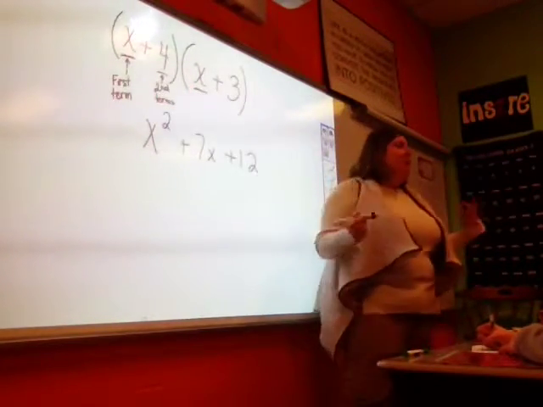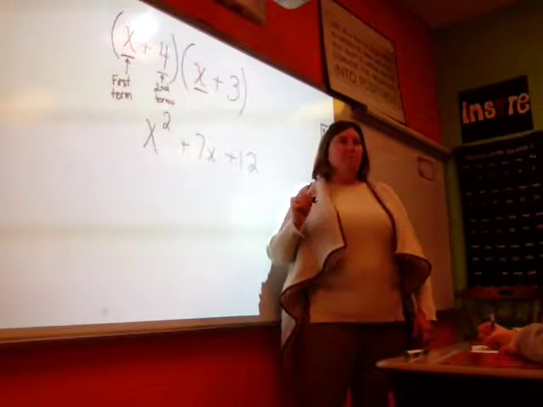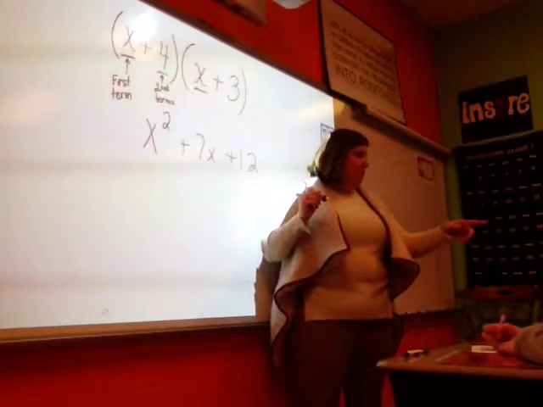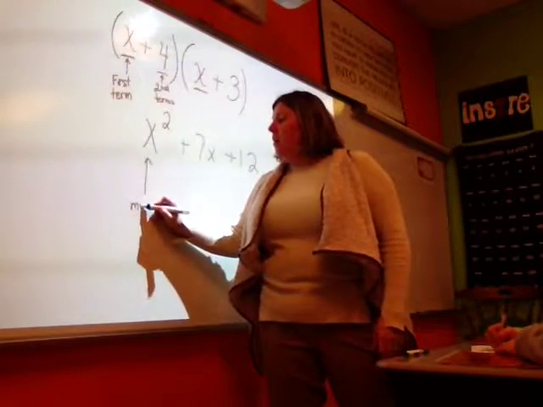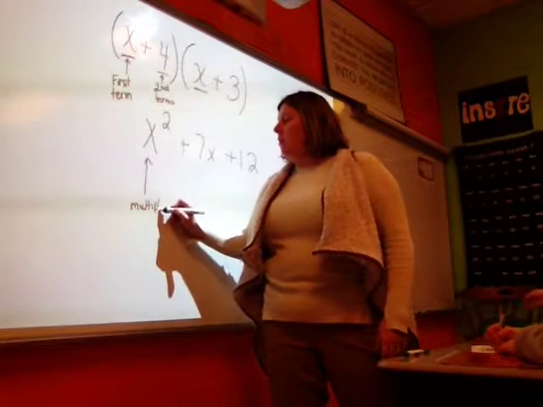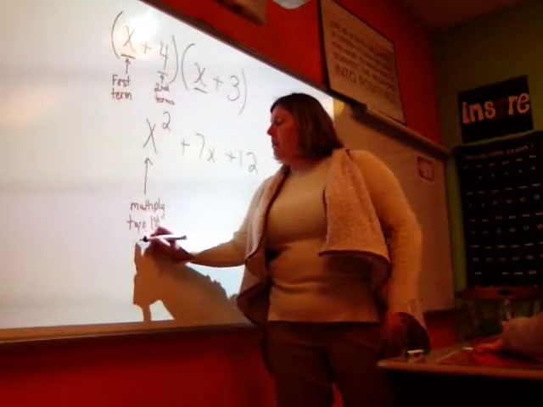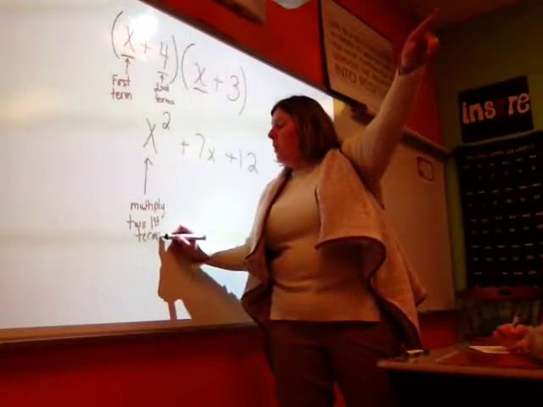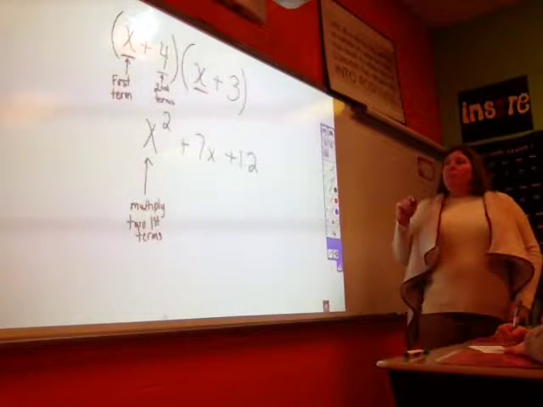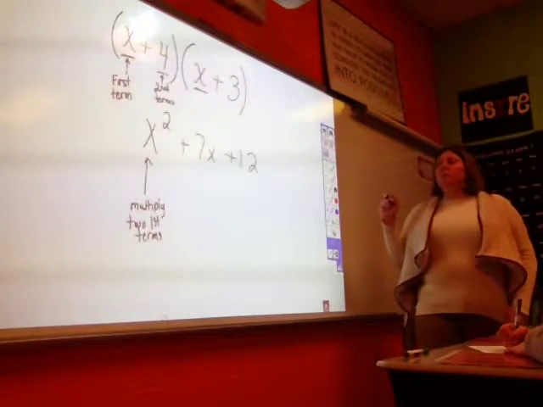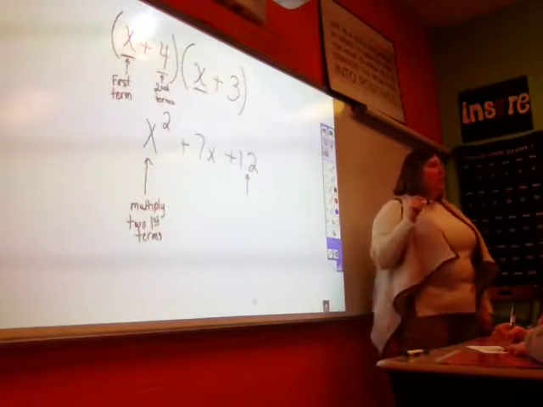So, using that common language, how did we get the x squared? We multiplied the two first terms. Now, how did we get the 12?